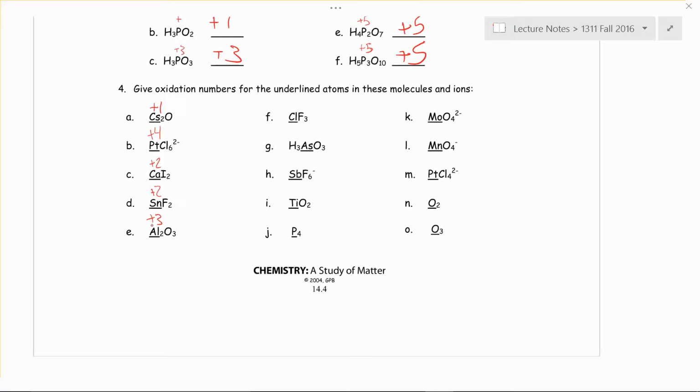ClF3? Okay. -6. Okay, good. Plus 3. Antimony? Plus 5. Titanium? Plus 4. Good. P4? 0. Excellent.